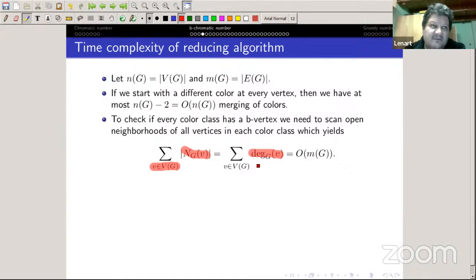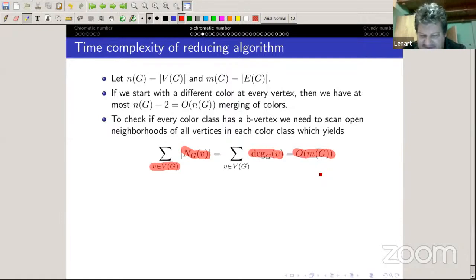And by the handshaking lemma, we know that this is 2 times the number of edges, and this is, of course, O of M of G. But again, this is way too generous.